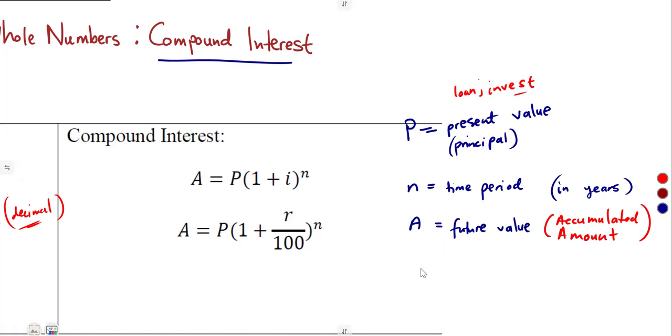Then we also have our R, which represents the compound interest rate this time, because we are dealing with compound interest. So it will be called the compound interest rate, the rate at which the money is going to increase, as a percentage. The R is given as a percentage.